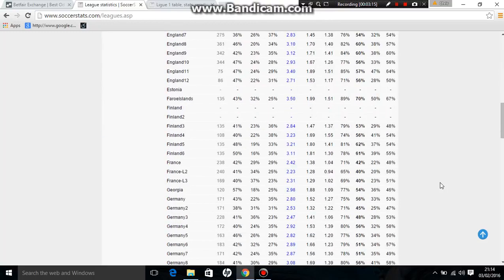So today I have already established which game I'm going to be trading on, but I'll show you how I'm going to do this. I'm going to the French league today. You can see that in the French league we are 42% in plus 2.5 and 48% in both teams to score. So I'm going to bring up the French league.